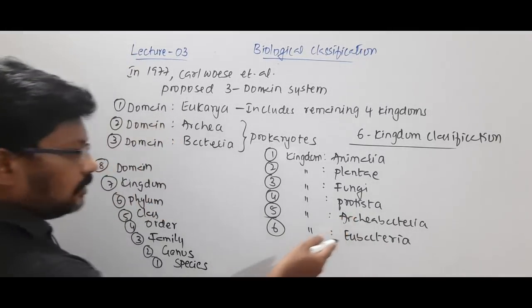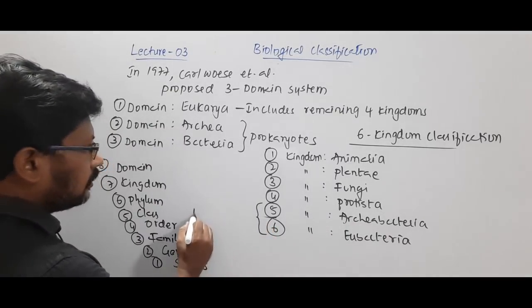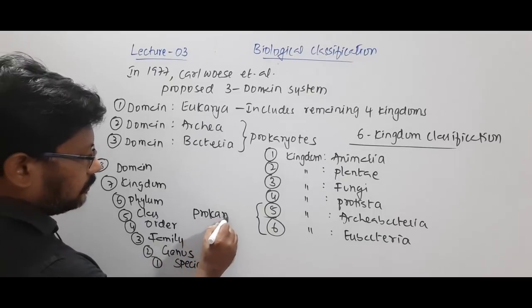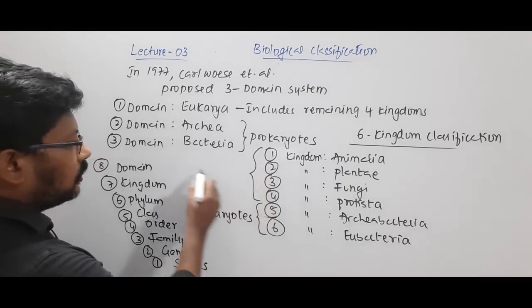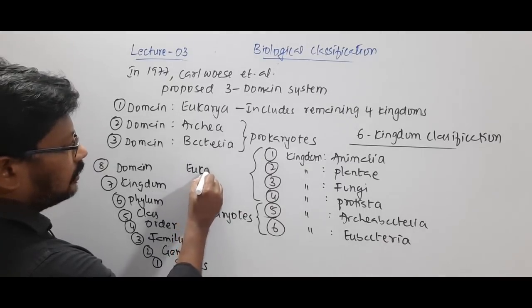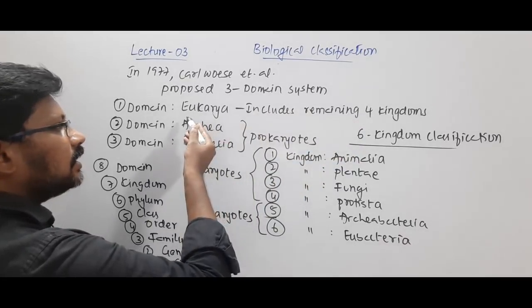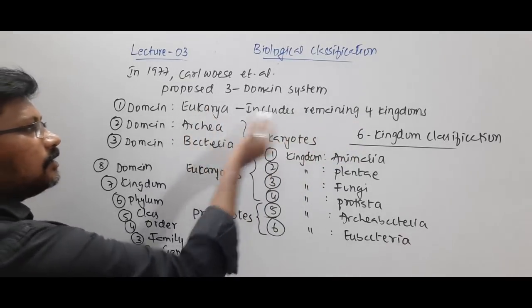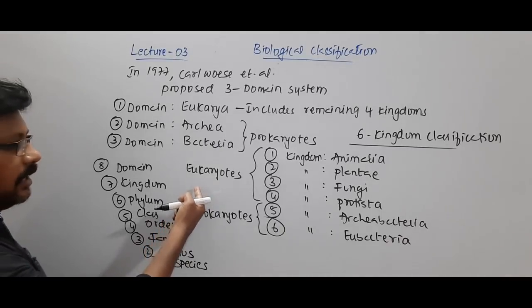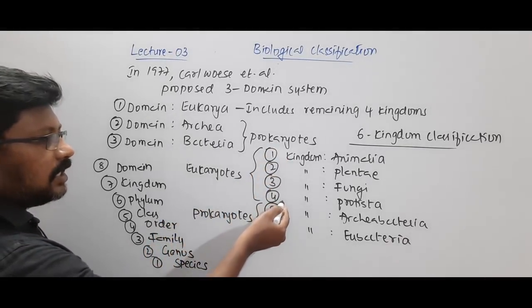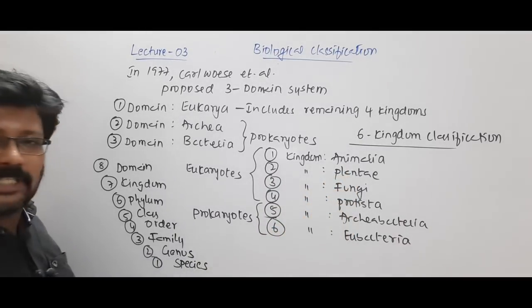And Archaebacteria and Eubacteria, these two are prokaryotes. The remaining four are eukaryotes. So that's what I have mentioned here. This belongs to domain Eukarya. It includes the four kingdoms: Animalia, Plantae, Fungi, and Protista.